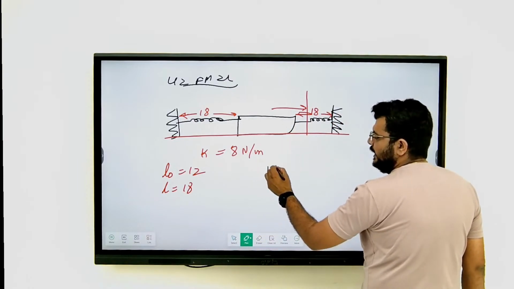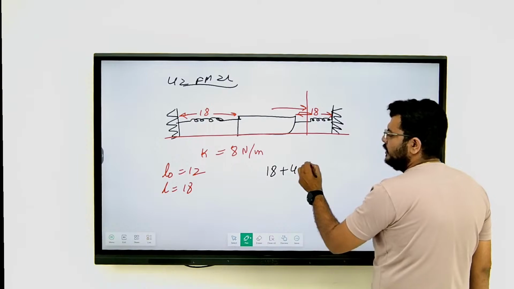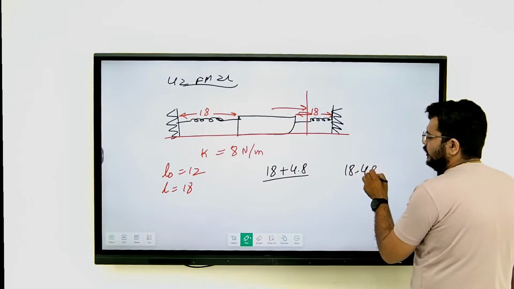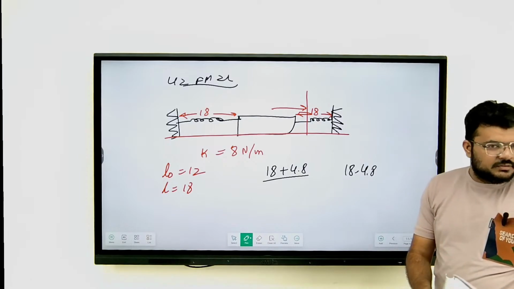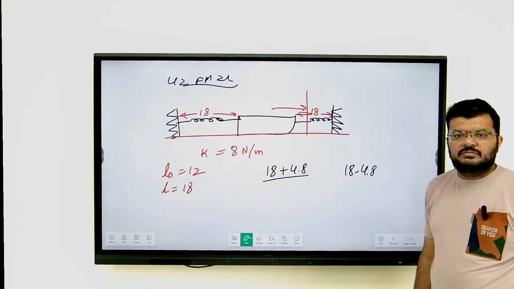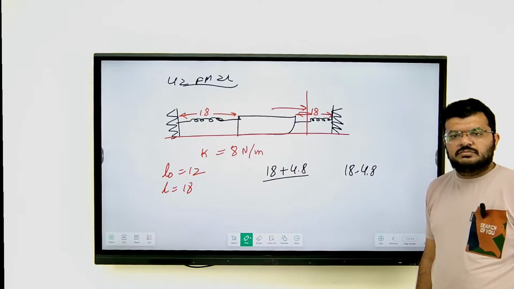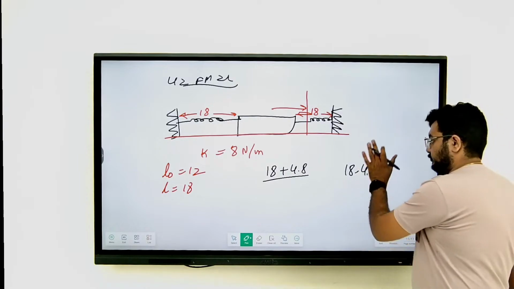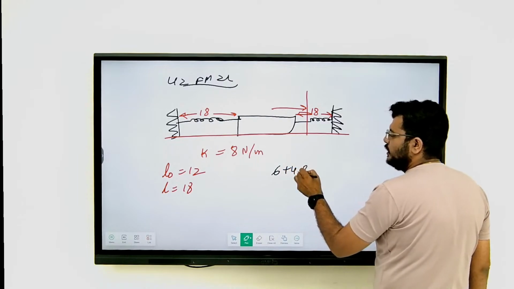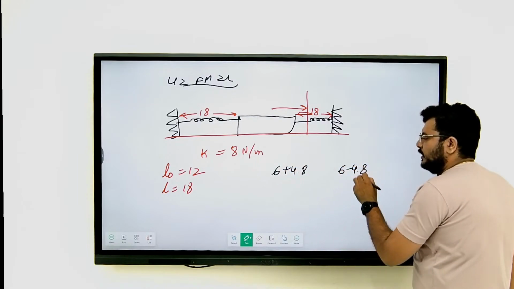Right. So 18 plus 4.8, and this is 18 minus 4.8, right? Here what will happen? 18 original length plus extension, 6 plus 4.8, and 6 minus 4.8, right?